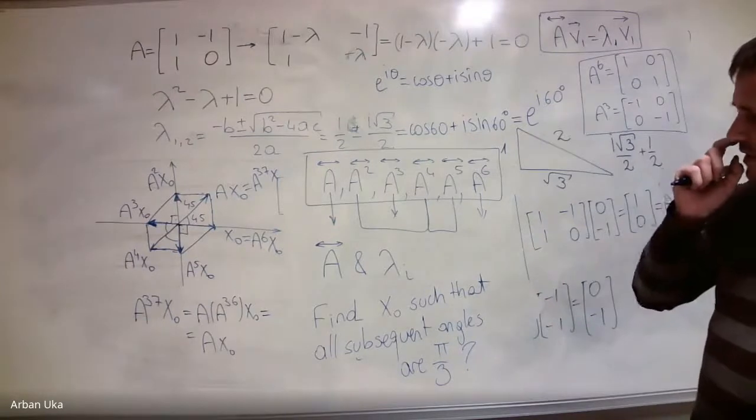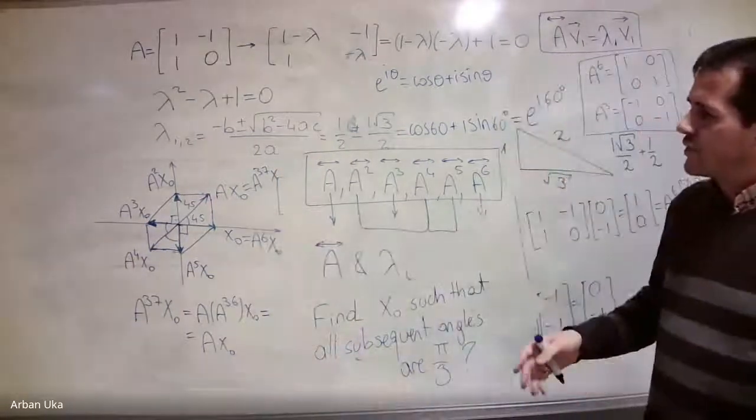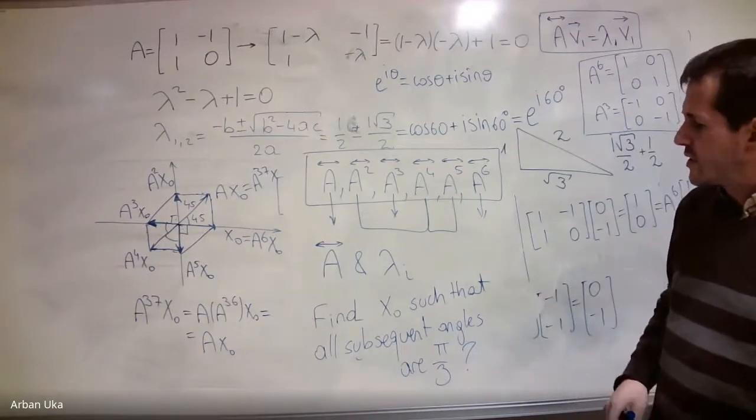It looks like for this specific vector, we started with 1, 0, we got 45, 45, 90, and then 45, 45, another 90. On average, it was 60.